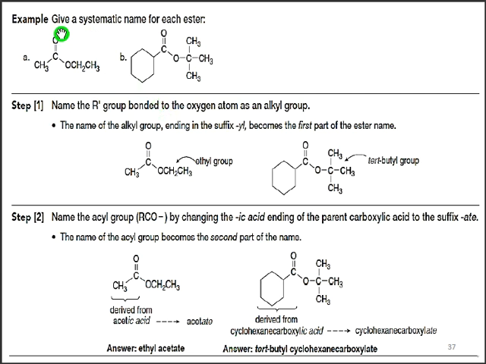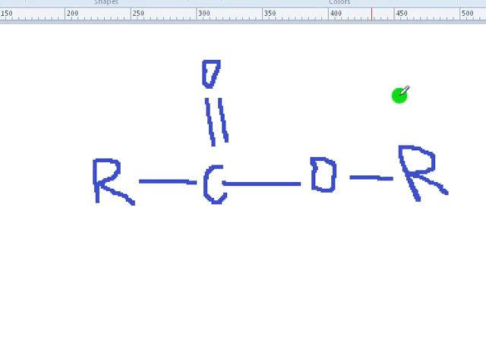For example, give the name for this compound. We have here an acyclic ester, and we have here an ester structure but with a cycle, which is an ester with a cyclic alkyl group. In this case, I will give you a note to name any ester compound.